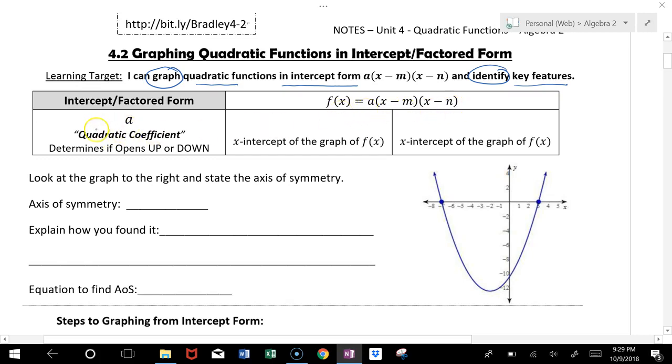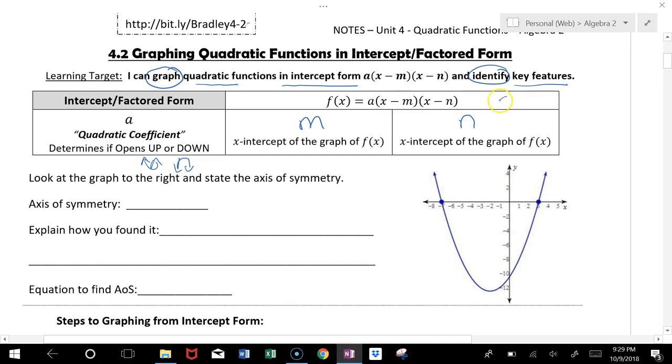We have a, which is the quadratic coefficient that determines if the function opens up or down. Then we have an m, which is one of our x-intercepts, and then n, which is another of the x-intercepts.